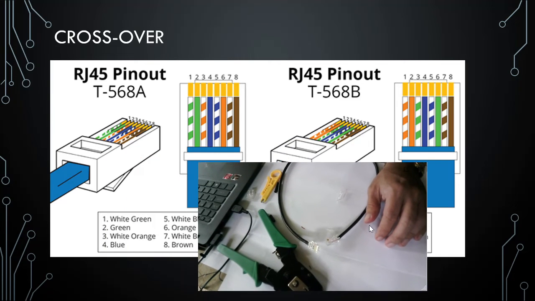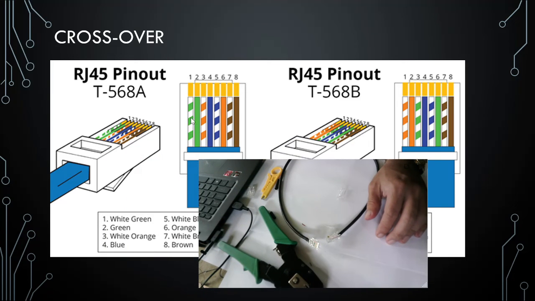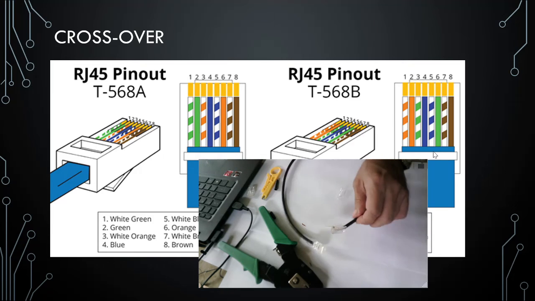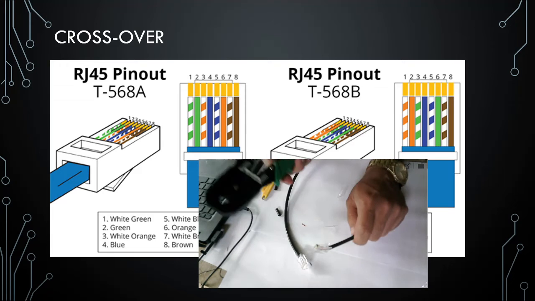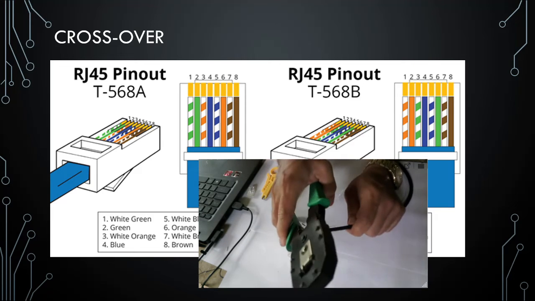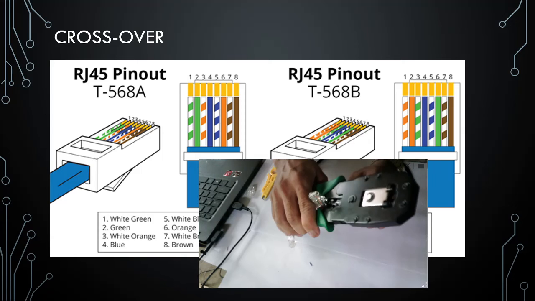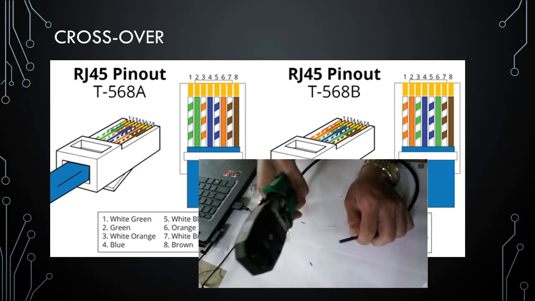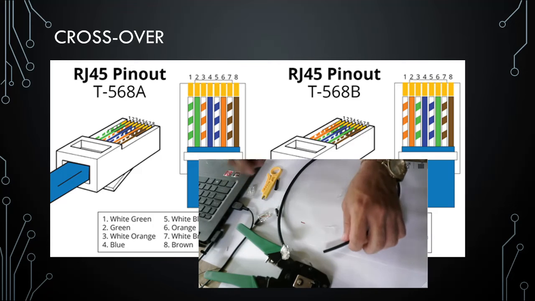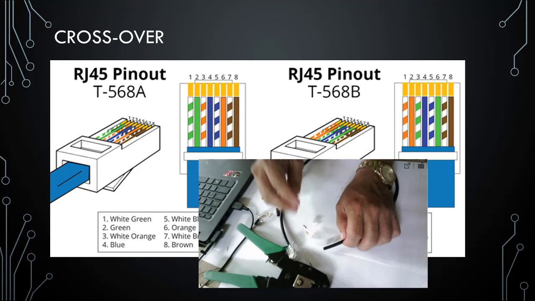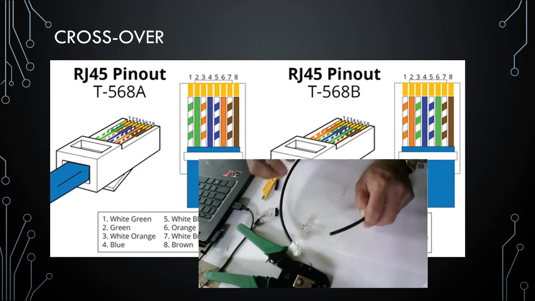Okay, that one. So white green sa pin 3. Okay, so ato ni siya nga i-cut, kay dili na ni siya ma-puslan. So we have to cut one side, di na siya magamit if okay. So what we're going to do is another set of cable, RG45.